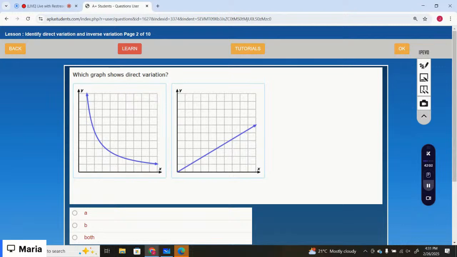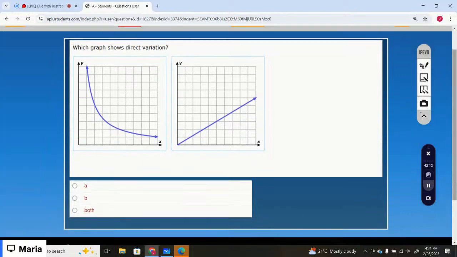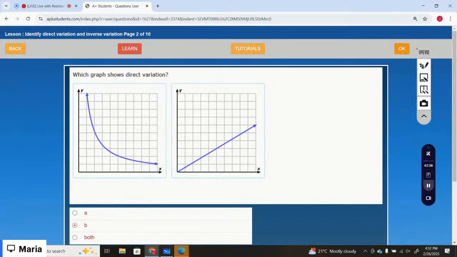Which graph shows direct variation? B is the correct option. The graph of the direct variation is always a straight line passing through the origin. B is the correct option.